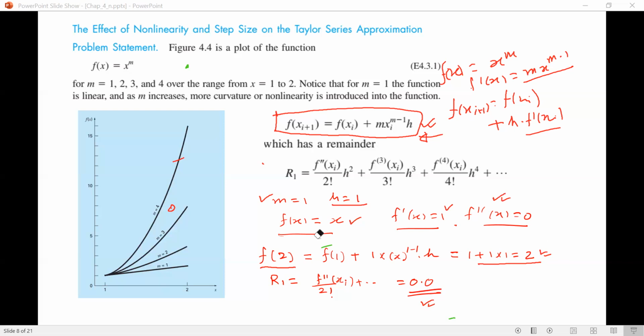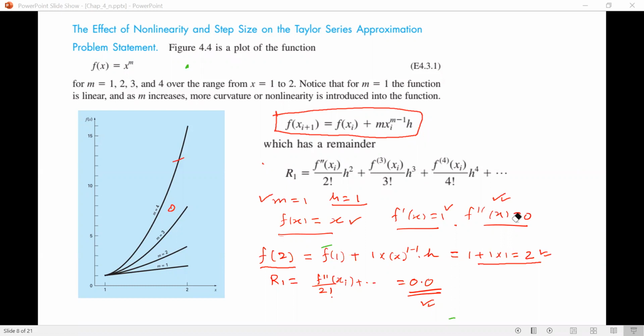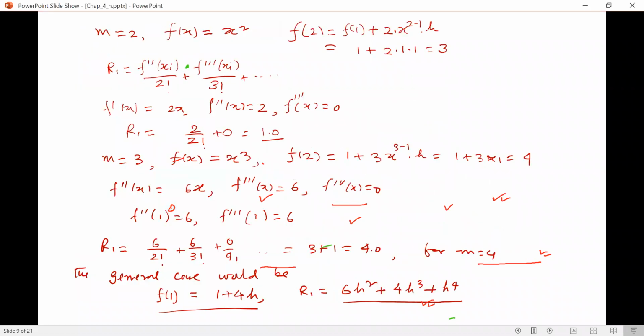But if we change the value of m to 2, then what will happen? You can easily do this thing without any lecture, okay? Because this is very simple.